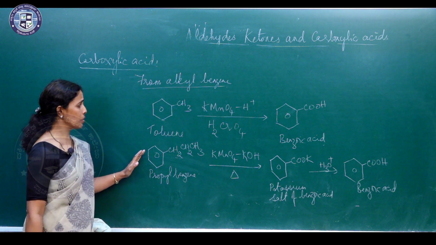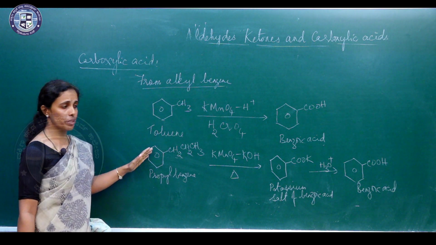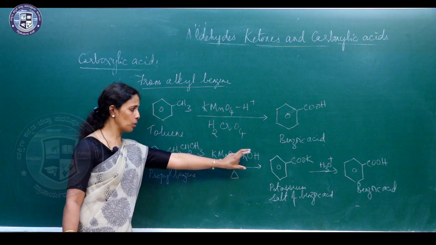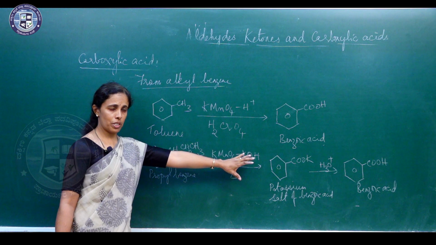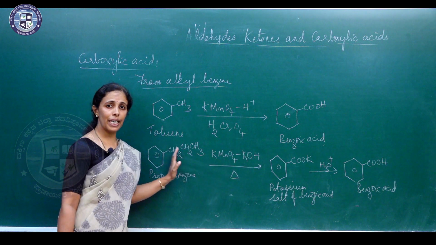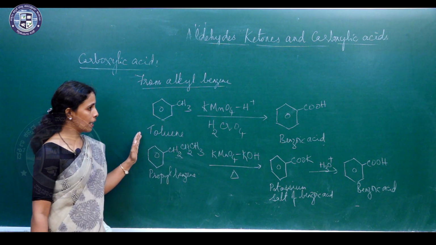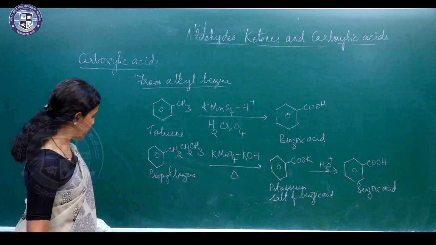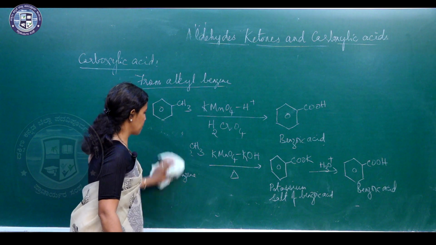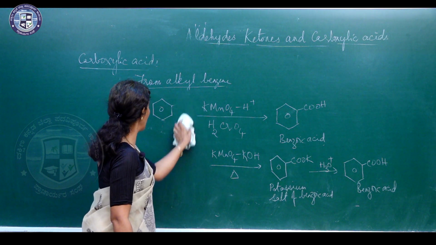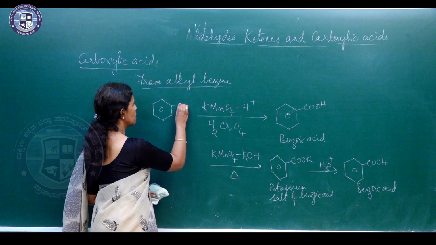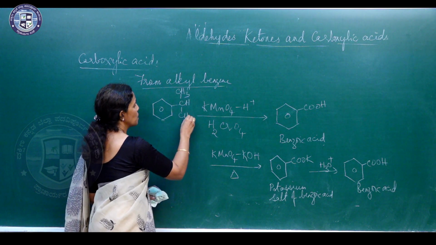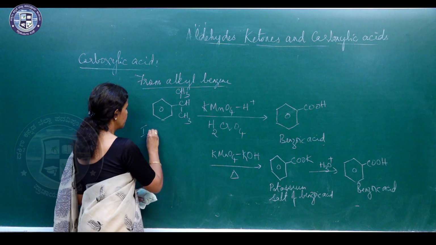So, when you are subjecting alkyl benzenes to vigorous oxidation, the entire side chain will be oxidized to the carboxylic acid irrespective of the length of the chain. Primary alkyl groups, even secondary alkyl groups, can undergo this reaction. We will consider another compound, a secondary alkyl benzene, that is cumene, or you can call it isopropyl benzene.